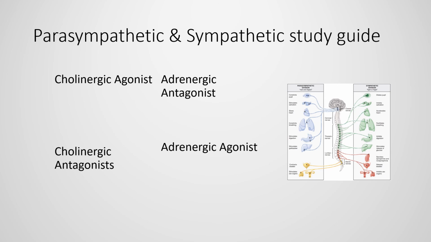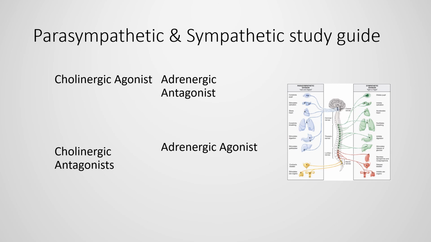What are the effects of a cholinergic agonist? Do the same for a cholinergic antagonist. Okay, so there's the parasympathetic side. And list the drugs. Okay, we did do some prototype drugs. Now, what about an adrenergic antagonist? So beta-1 blockers.